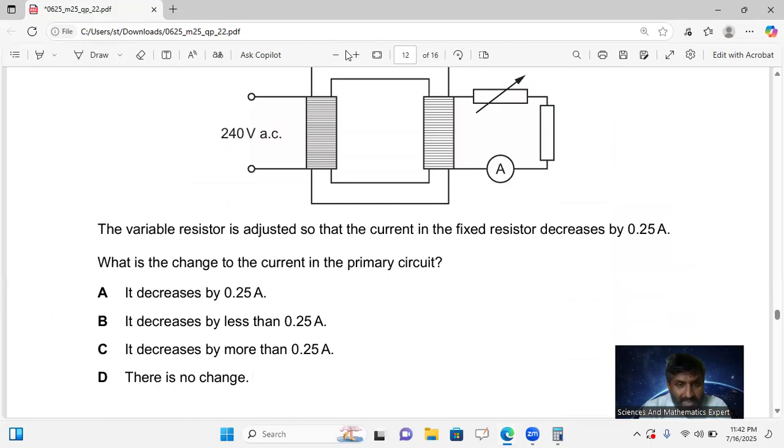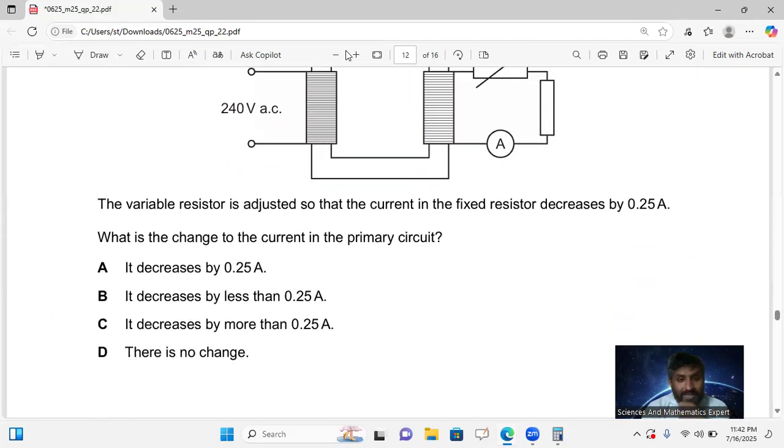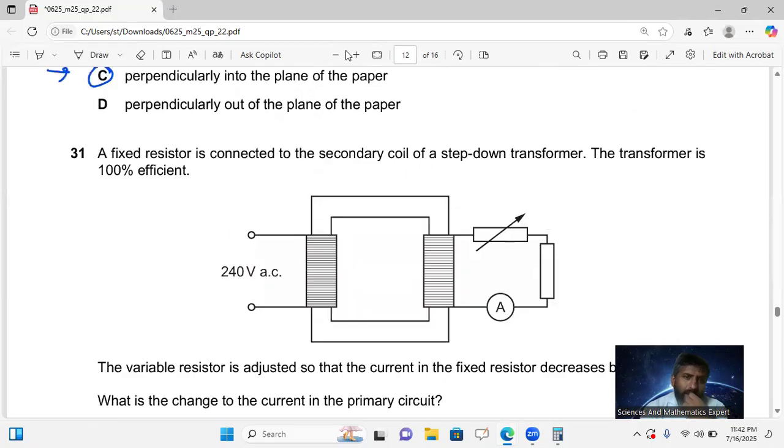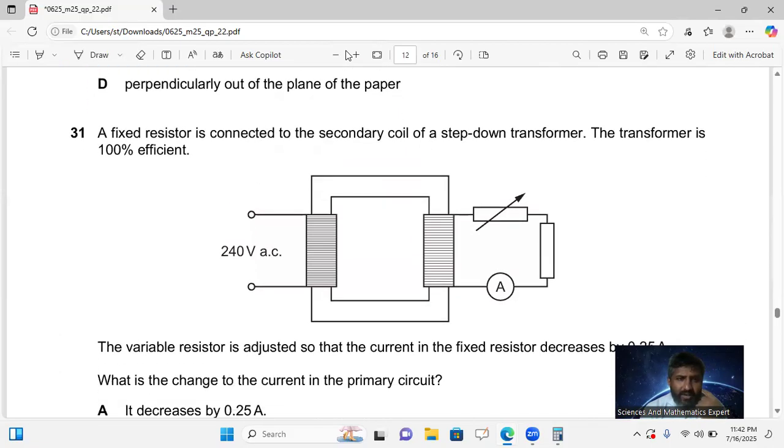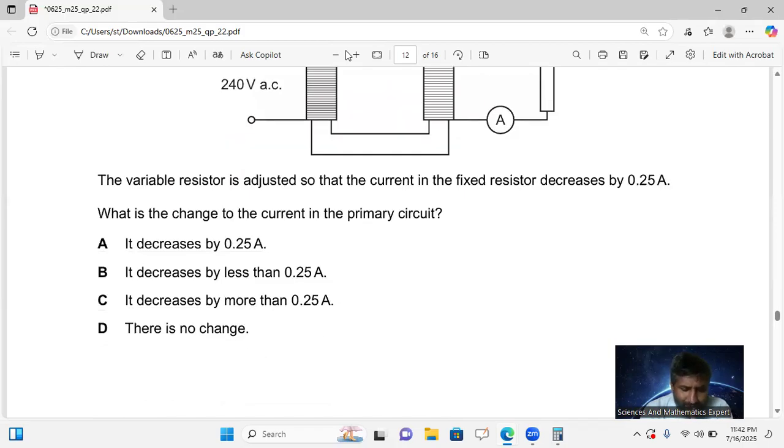What is the change in the current in the primary circuit? It decreases by 0.25 ampere? The fixed resistor is there and it is 100% efficient. So I will say it decreases by less than 0.25 ampere, because it is going to step down.